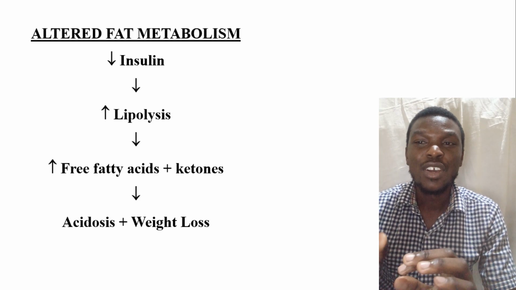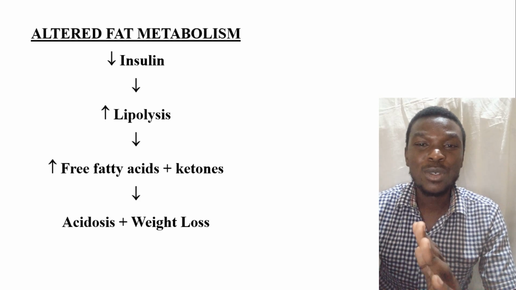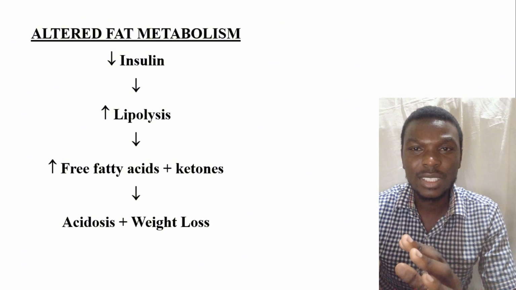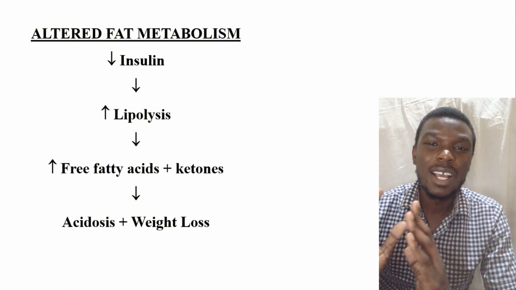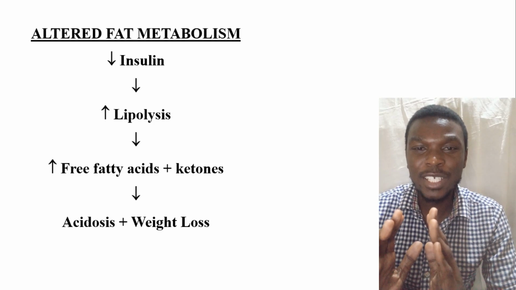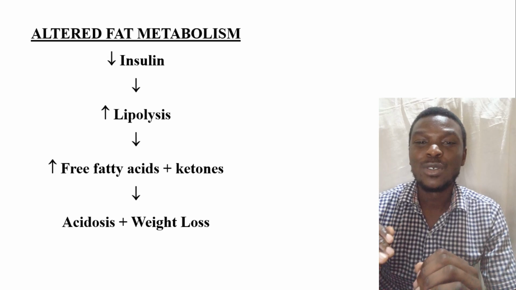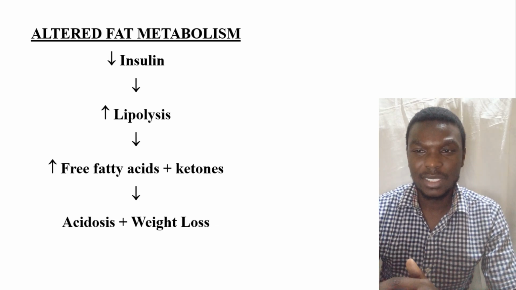So this is also how a patient will tip into diabetic ketoacidosis. But that's a different topic that also needs another video. I'll make another video for diabetic ketoacidosis. So these are pathways that increase the blood sugars in these patients.